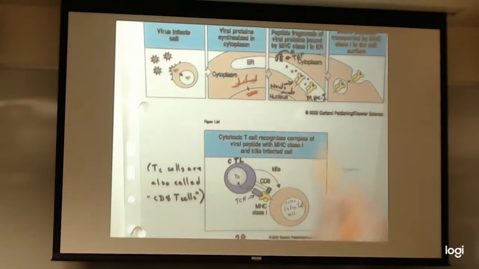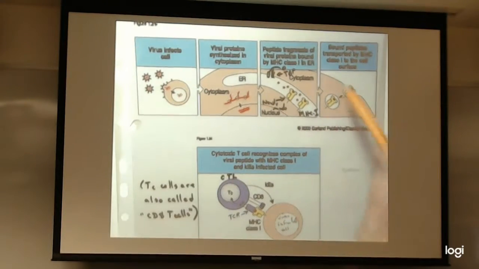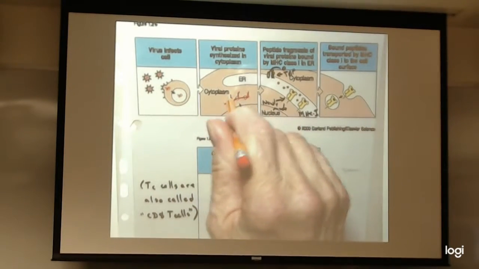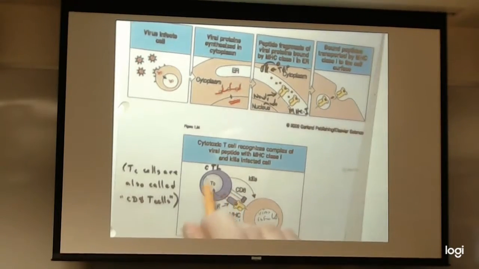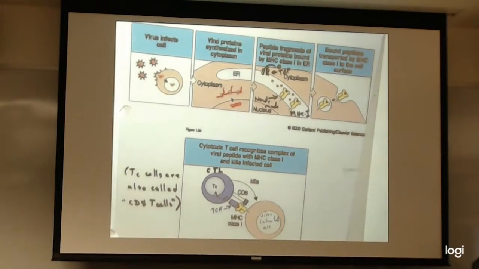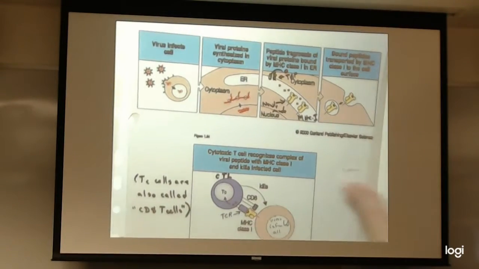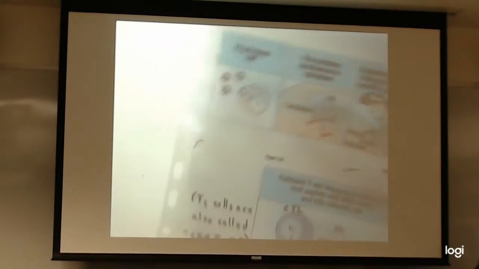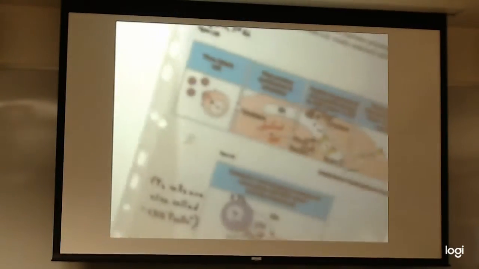Class 1 molecules are presenting viral peptides derived from cytoplasmic viral proteins, and then they're recognized by CD8 T cells that become killer T cells, and they then send down hellfire missiles on the surface. So, do CD4 T cells recognize MHC1? Not at all. In fact, there's a picture I'll show you. This comes right next.